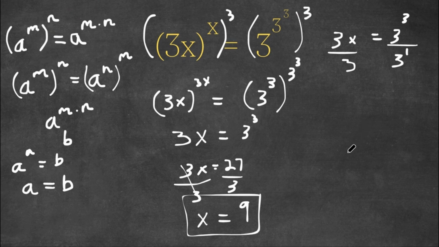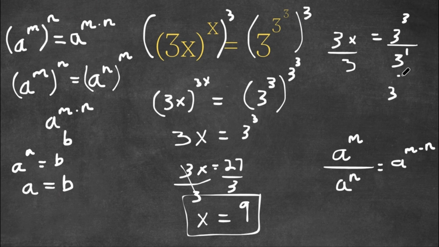If we have something in the form a to the power of m over a to the power of n, this is equal to a to the power of m minus n. So 3 to the power of 3 over 3 to the power of 1 is equal to 3 to the power of 3 minus 1, which is simply 3 squared. And on the left-hand side, these cancel out, and we get x is equal to 3 squared, and 3 squared is 9. So we get x is equal to 9. So that's our second way.